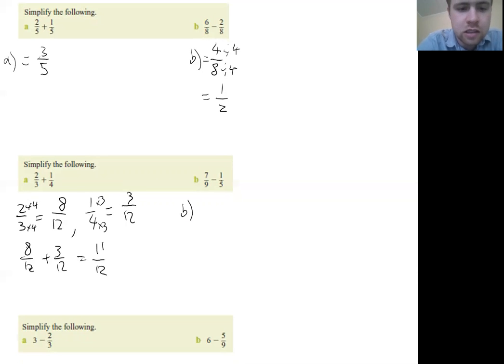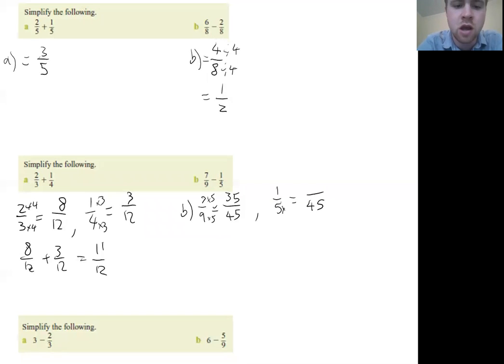So 7 over 9 becomes something over 45. We're going to times top and bottom by 5, so it equals 35 over 45. It sounds complicated, but it's fine. Then we've got 1/5, and we've got to convert it into something over 45.